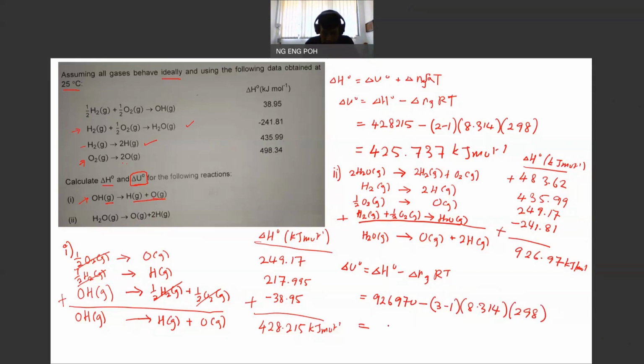So the final answer is 922.015 kilojoule per mole. Okay, so these are the answers. This is the answer for the delta U, and this is for the delta H. Those are the two answers.